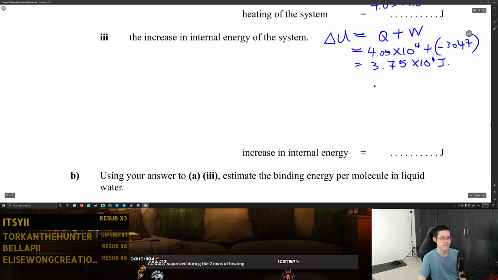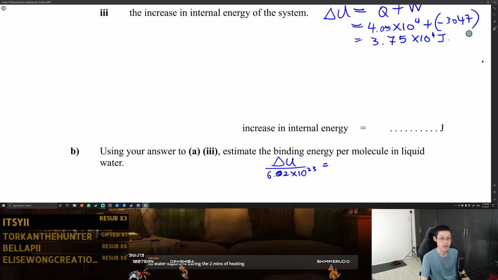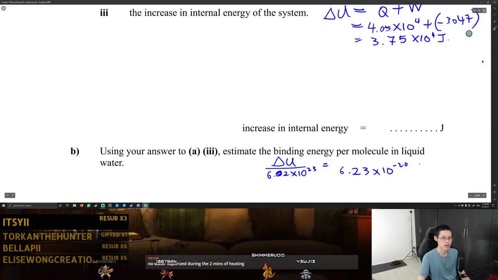So what you have to do is take the increase in internal energy and divide that by the number of molecules. In this case, you have 1 mole, so it's 6.02 times 10 to the power 23. That's how you find the binding energy per molecule. So divide that by 6.02 times 10 to the power 23, and then you get 6.23 times 10 to the power negative 20 joules per molecule. There.